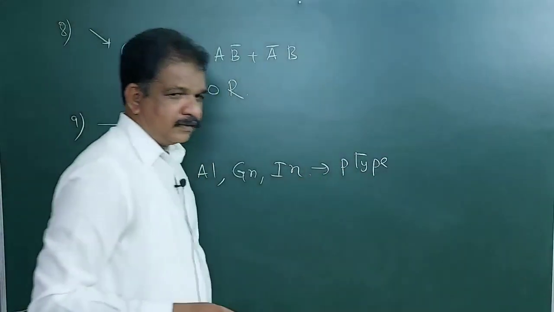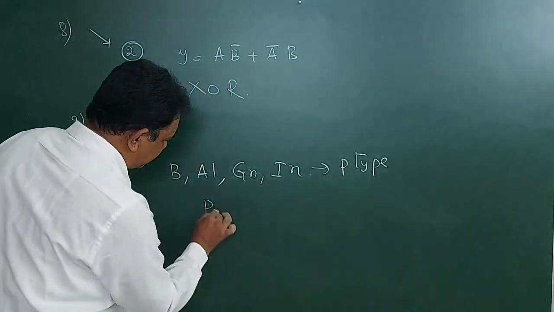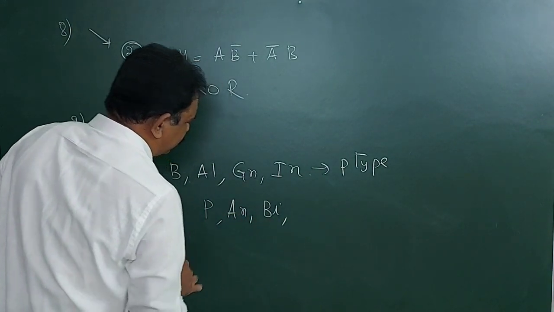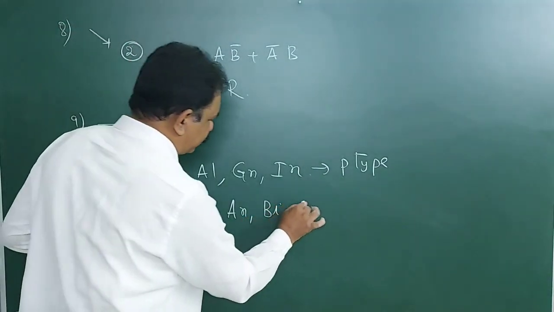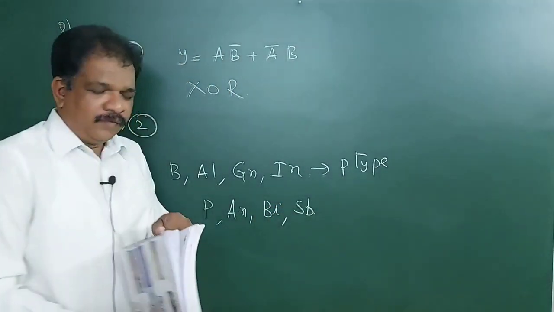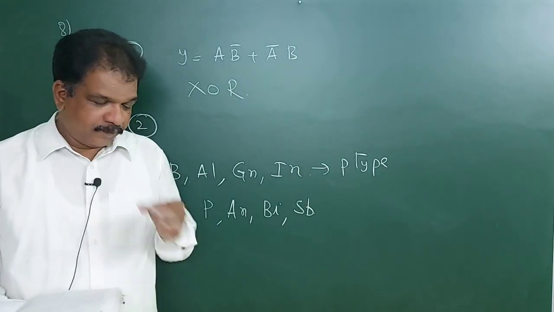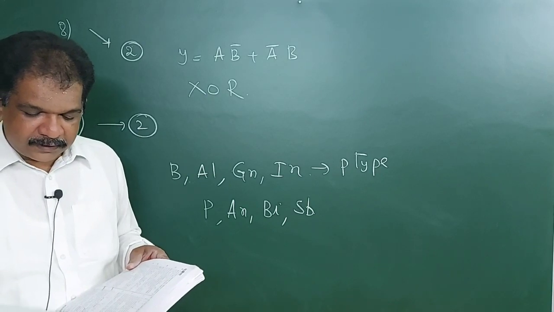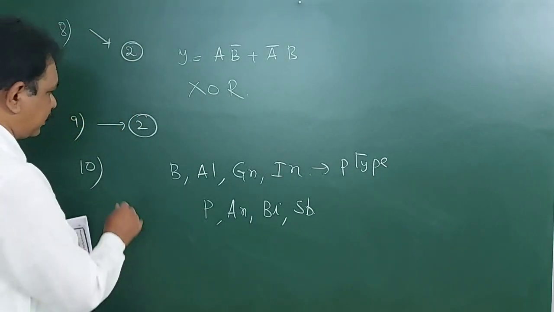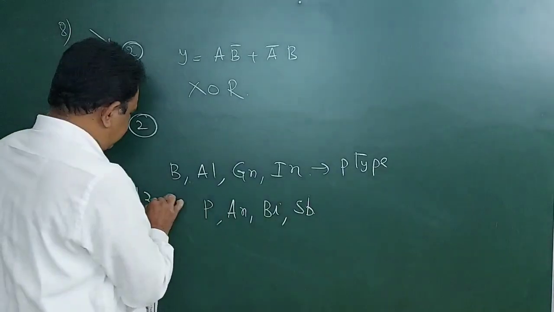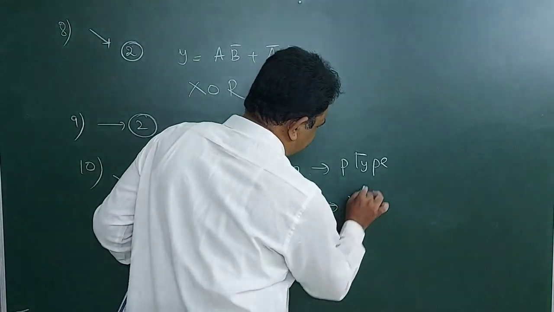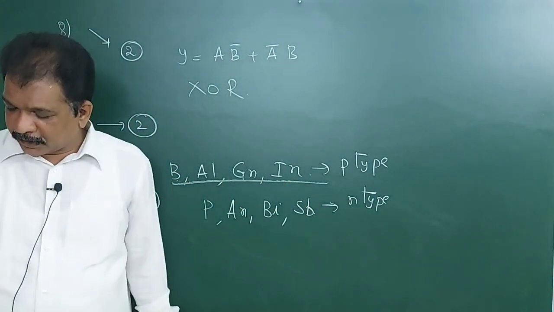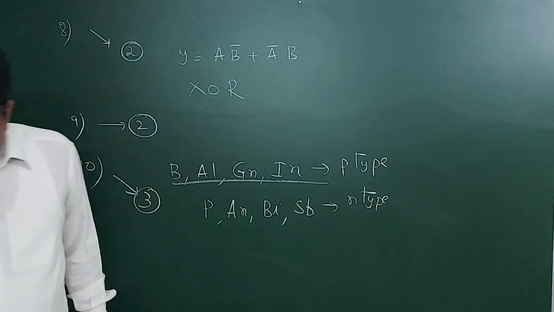Trivalent impurities. Phosphorus, antimony, bismuth, if you take, then we will get n-type semiconductor. So if you check the options, third option will be correct for it. These are n-type semiconductors. If you dope with these materials, n-type semiconductor will be formed.